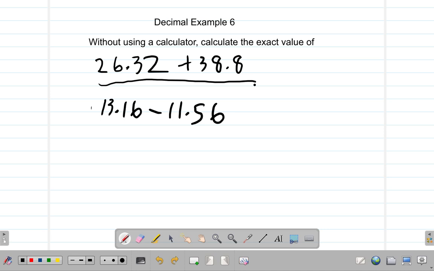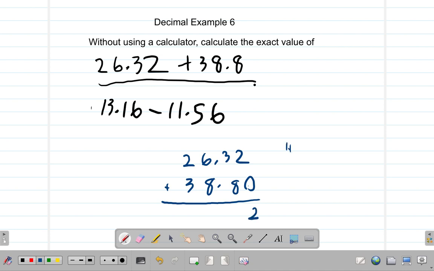So what we have is 26.32 plus 38.80. 2 plus 0 is 2. 8, 9, 10, 11. 8 and 3, 11.